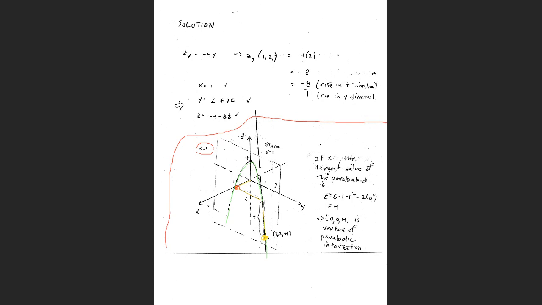That's the point that I'm at, and there is a tangent on the parabola, and I'm interested in this. I drew this nice big tangent line, and I want to find parametric equations for that.